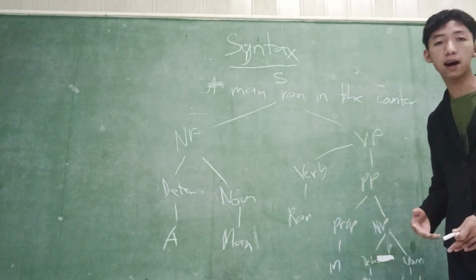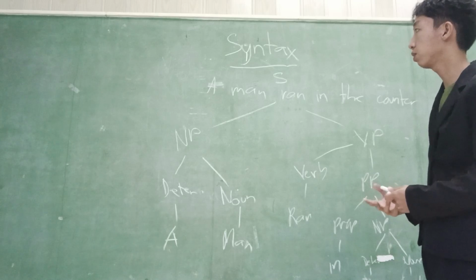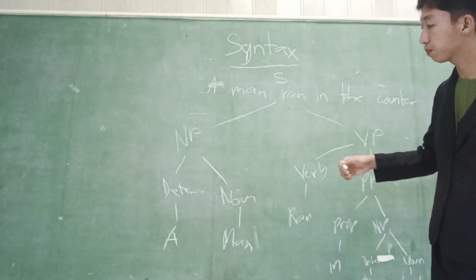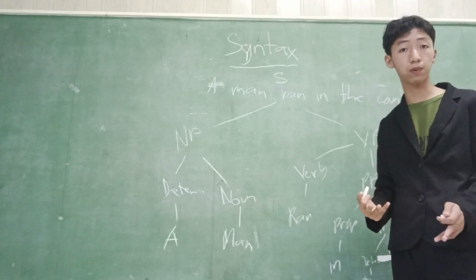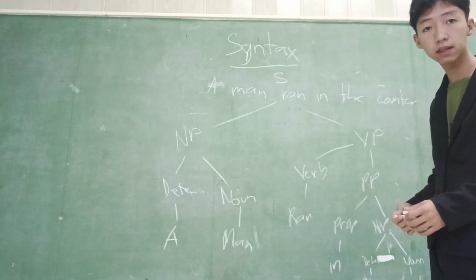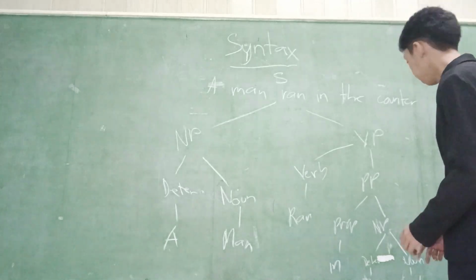And that is how you make a tree structure of syntax. Always remember the basic parts. What is a noun, a verb, a pronoun, an adjective. To further emphasize that, I'm going to give you another example.